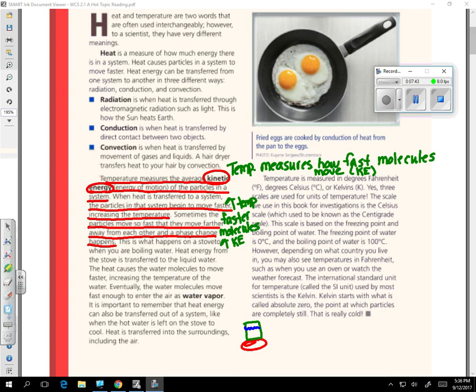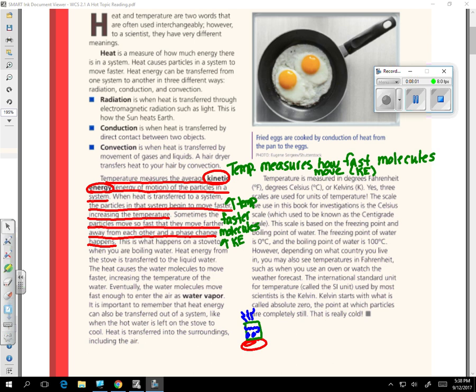And as it's getting warmer, the particles are going faster and getting farther apart. And as they're getting farther apart, they're turning from a liquid into a gas.